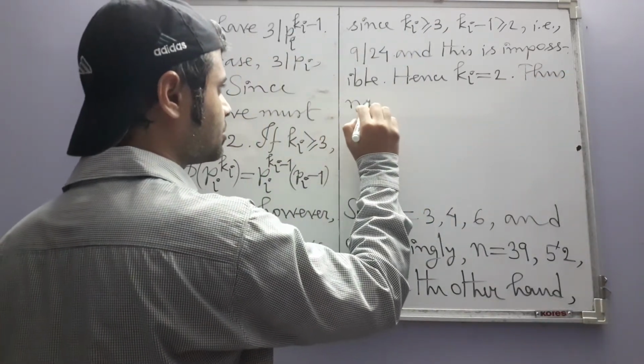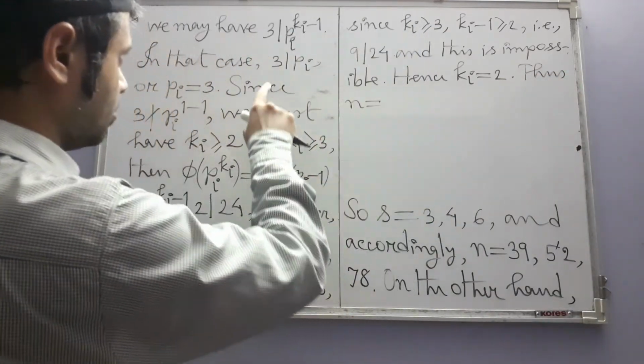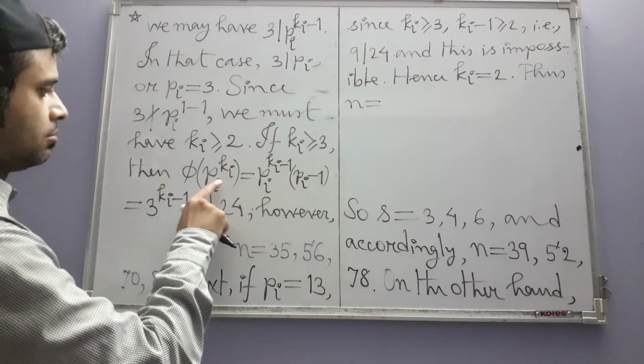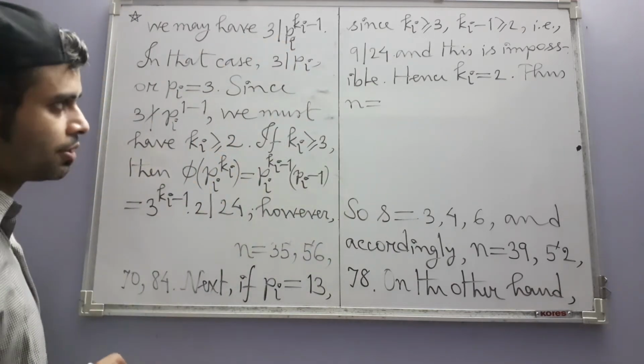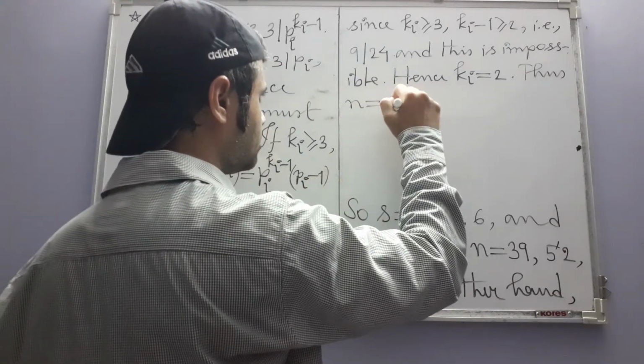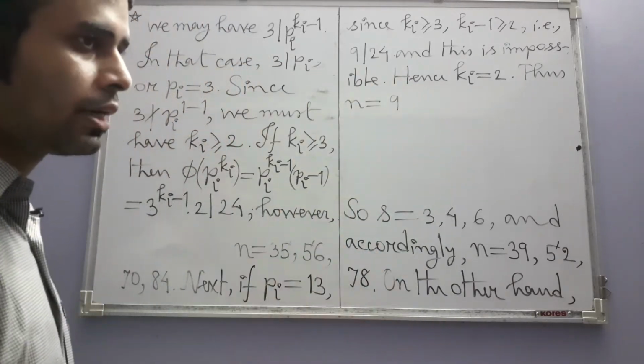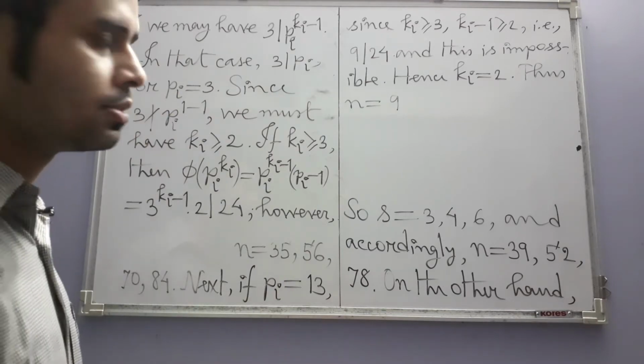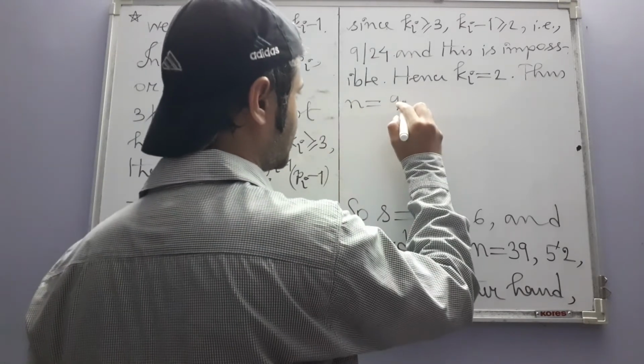Now what happens to n if we look at this prime power, pi to the power ki. This particular prime power now is 9, because 3 squared, pi is 3 and ki is 2, times something.